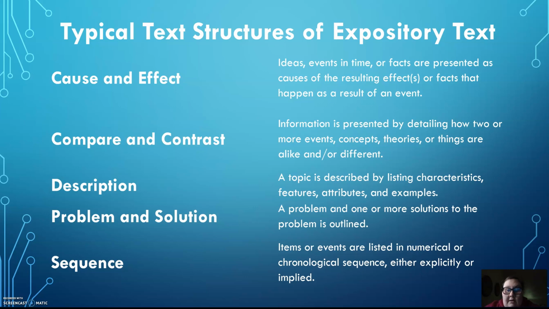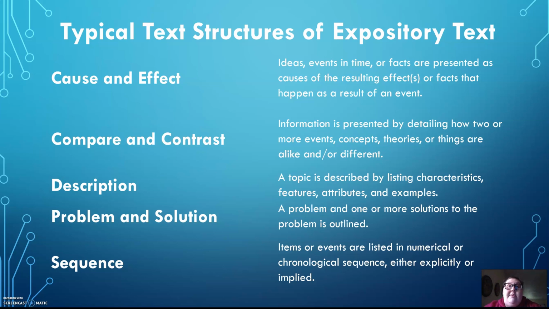It's what is the problem? What are possible solutions, and what are the steps to those possible solutions? So that's basically what is going to be in this text. So it says a problem and 1 or more solutions to the problem is outlined. That's all it is.